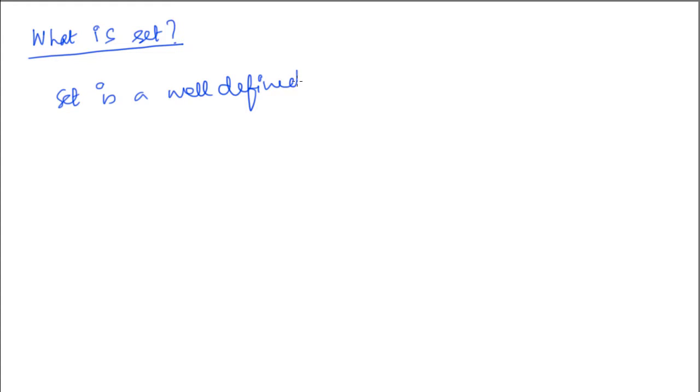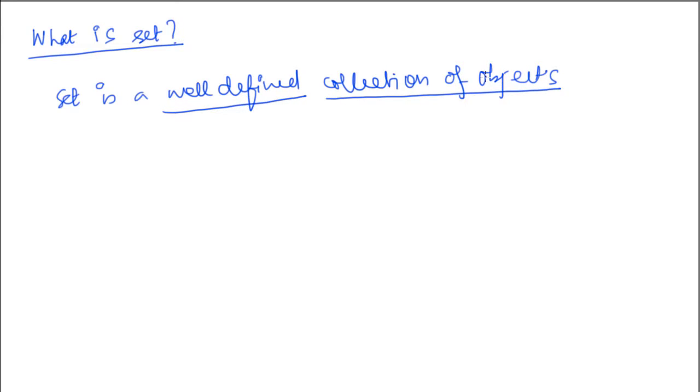First is, what is a set? So a set is a well defined collection of objects. Now we need to understand what is a well defined collection of objects. We know that when we are collecting some things, that is a collection of objects.